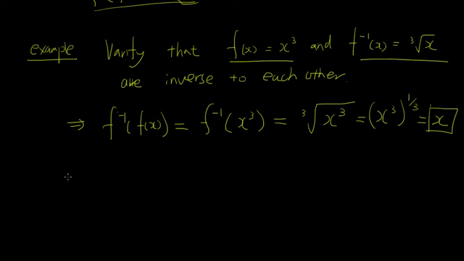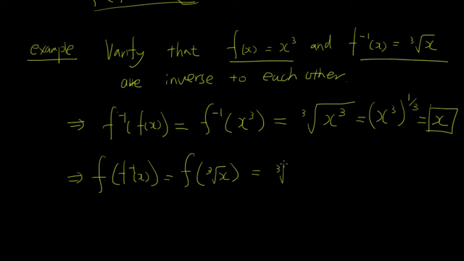We can also show that f of f inverse of x becomes x as well. So f of, what's f inverse of x? It's the cube root of x. But what's f of x? f of x is x to the cube, so whatever we have, which is the cube root of x, to the cube.